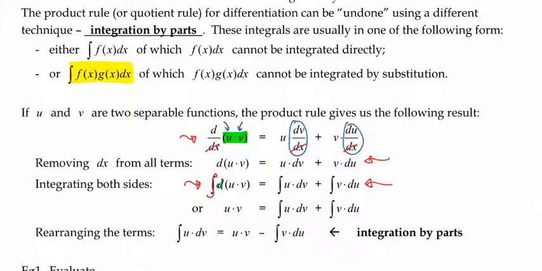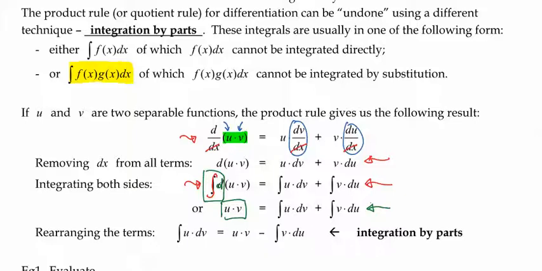Integration and differentiation are opposite to each other. So they kind of cancel each other out, and that means if you end up with something that involves the multiplication of two pieces, it will be the same as integrating the right hand side this way.